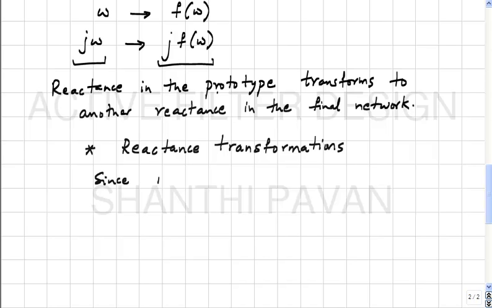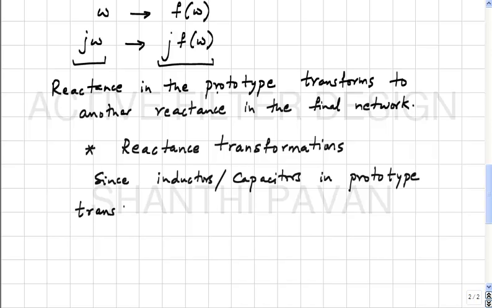Since inductors/capacitors in the prototype transform to a combination of LC impedances which are basically lossless.